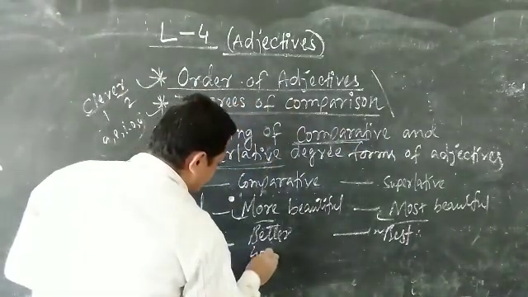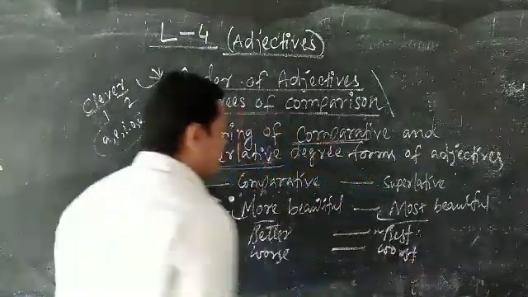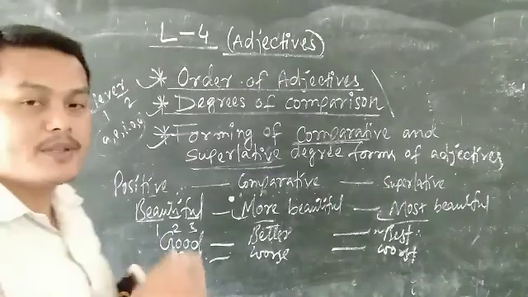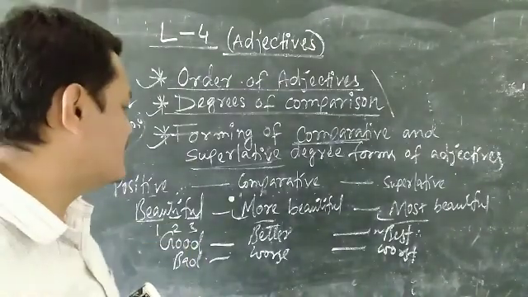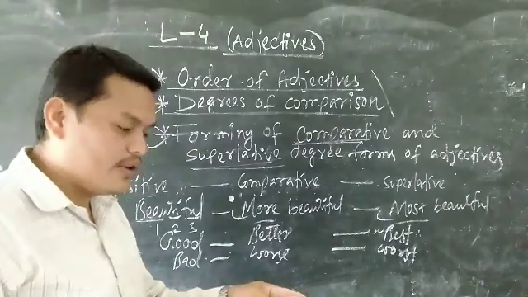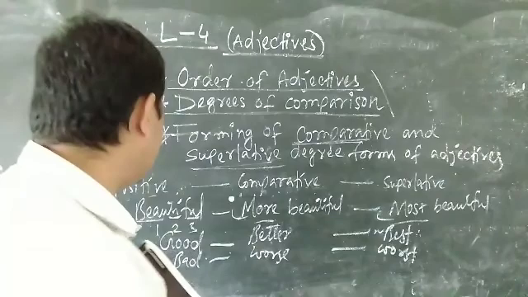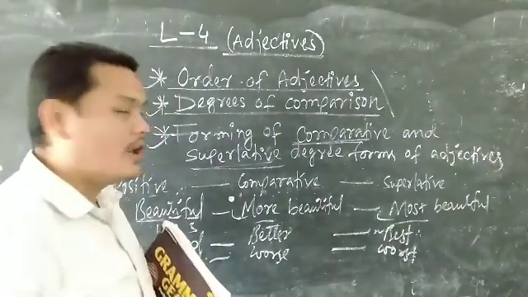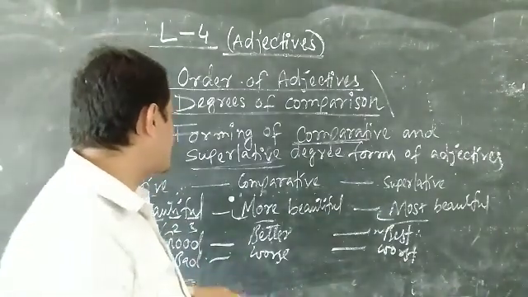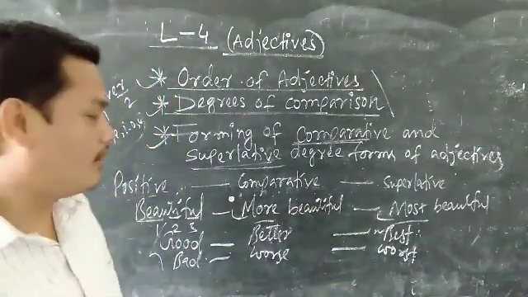Comparative degree, worse. Superlative degree, worst. So these are exceptional words. We have to learn these words. Such words are given on page number 22. You can have a look and see there. So these are exceptional words where the rules discussed here will not be applicable, and we will have to change the entire spelling of the word.